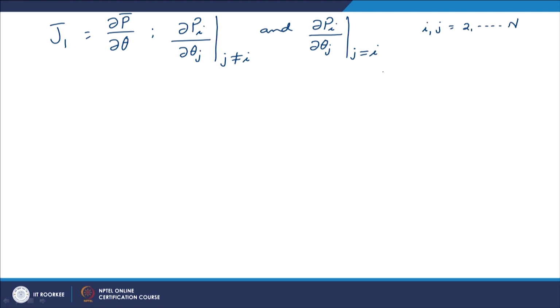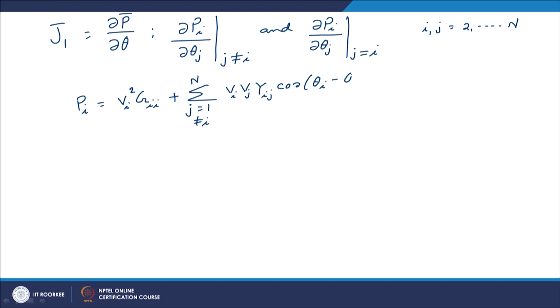These are all known, we are just recollecting. So, Pi we again write down: it is Vi square Gii plus the sum over j equal to 1 to n, j not equal to i, of Vi Vj Yij cos(theta i minus theta j minus alpha ij).